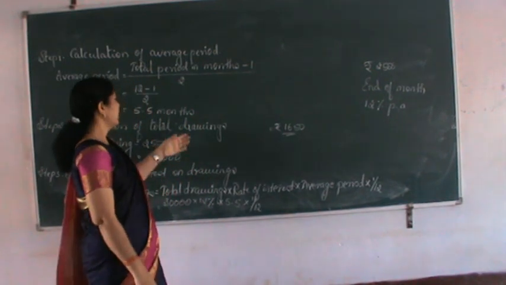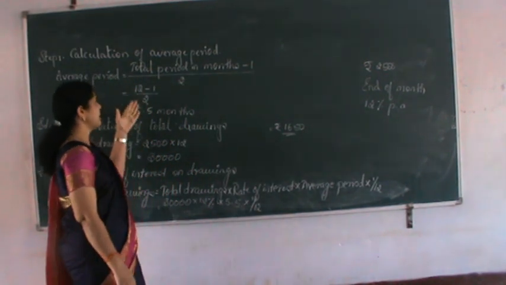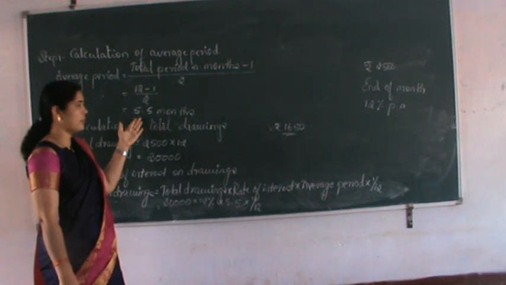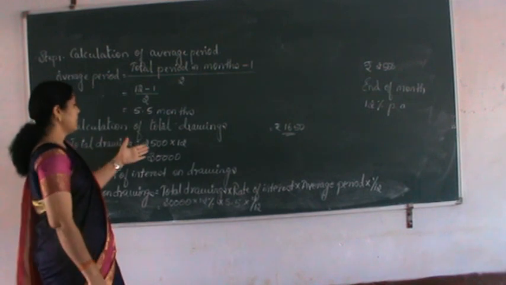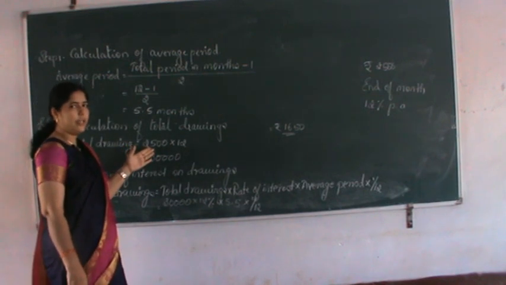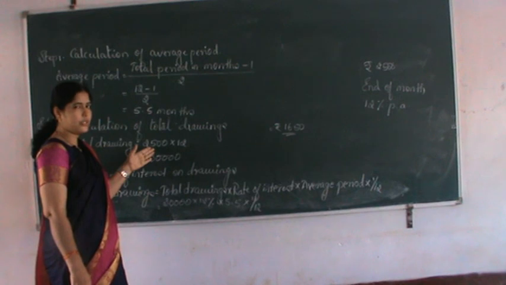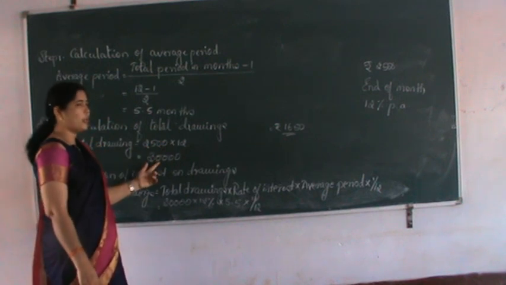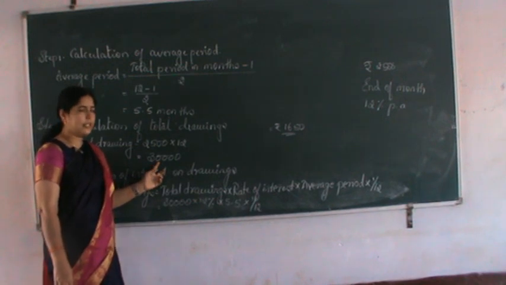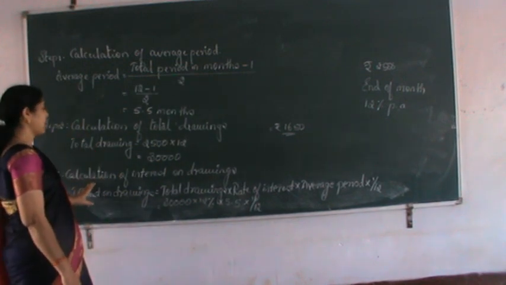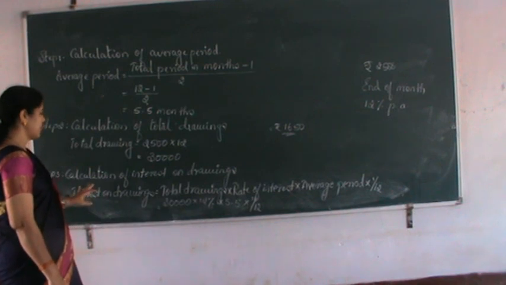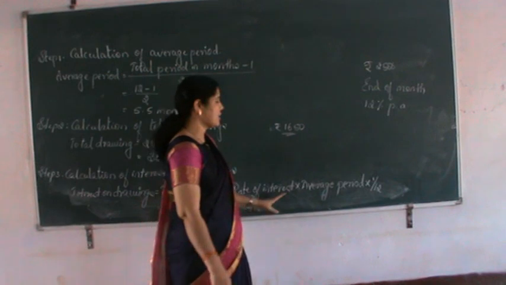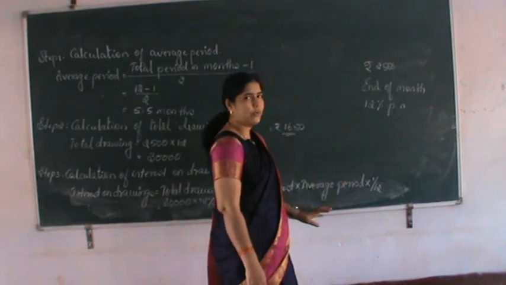So partner has taken the drawings at the end of every month, hence the average period comes to 5.5 months. Then he has taken the drawings of amount rupees 2,500, 12 times he has taken in that year. So the total drawings comes to rupees 30,000. Then ultimately we have calculated the interest on drawings, that is with the help of the formula total drawings into rate of interest into average period into 1/12.